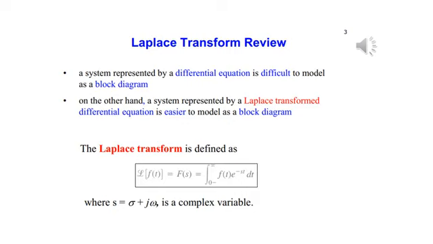In this way you can see that the time is being integrated out, and whatever is left is with s. So the function f will become F of s, and s is sigma plus j omega. So the time domain is going to be converted into s domain. Most of the time we put sigma equal to 0, and we only study for j omega. That's the definition of a Laplace transform.